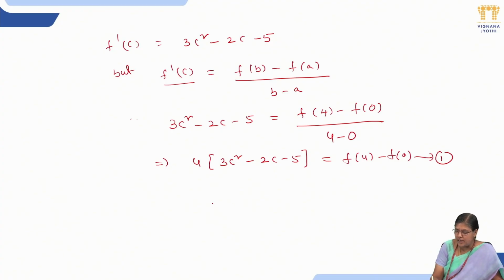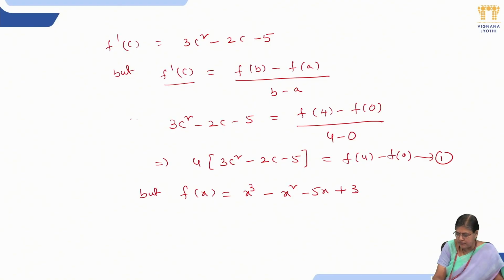Next, we are going to calculate f of 4 value from f of x. But f of x is equal to x cube minus x square minus 5x plus 3. Therefore, f of 4 is equal to, by substituting x is equal to 4 in the previous expression, 4 cube minus 4 square minus 5 into 4 plus 3.